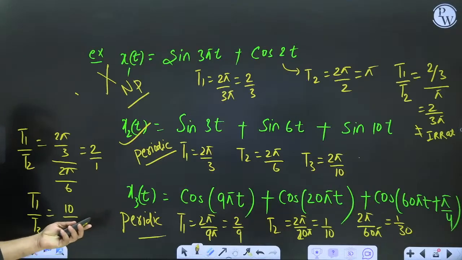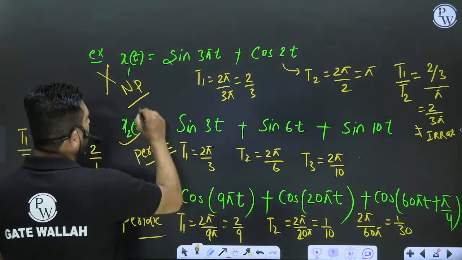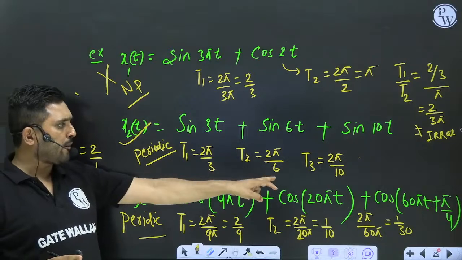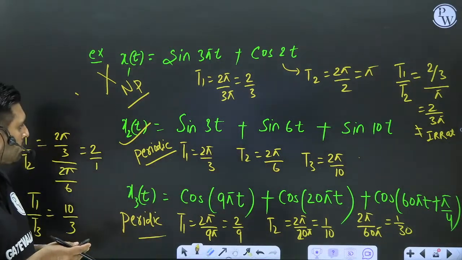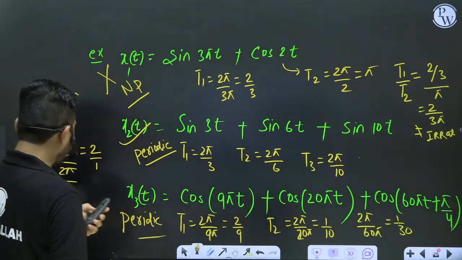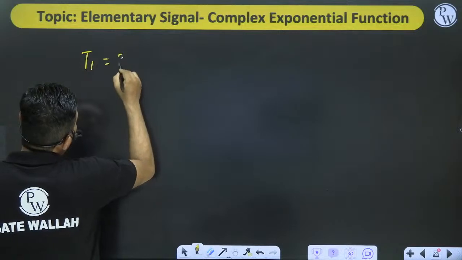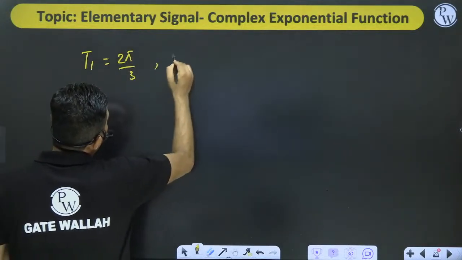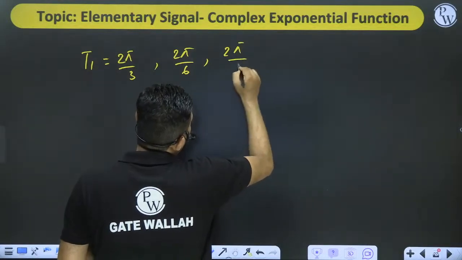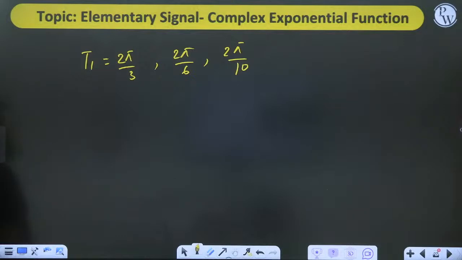For example, let's consider this one. T1 comes out to be, this is non-periodic, I know. T1 is 2 pi by 3, 2 pi by 6, 2 pi by 10. Suppose we find out the period of this one. Easily you can find out. Let's find out the common period of this function, so you have to take the LCM.